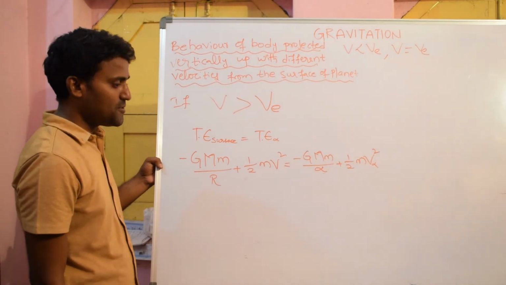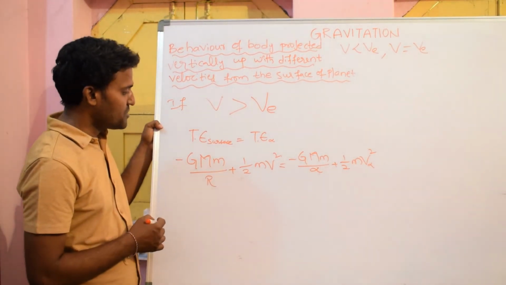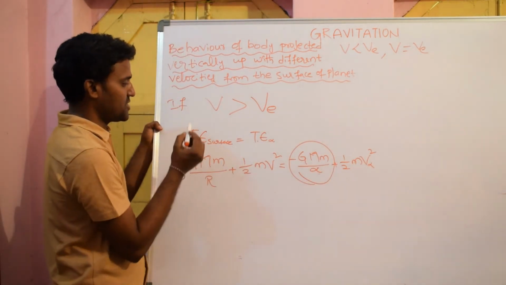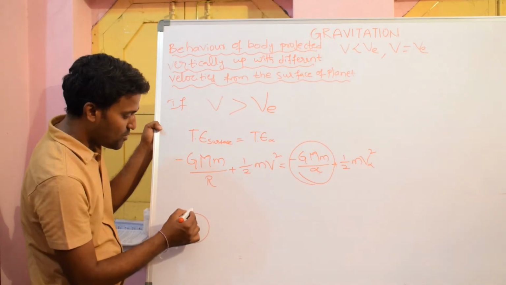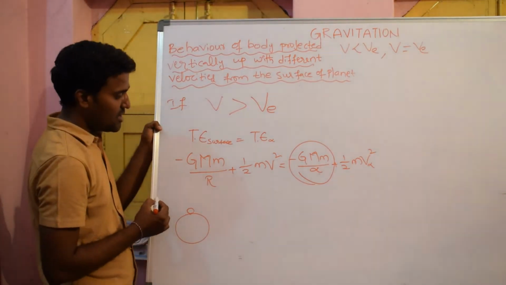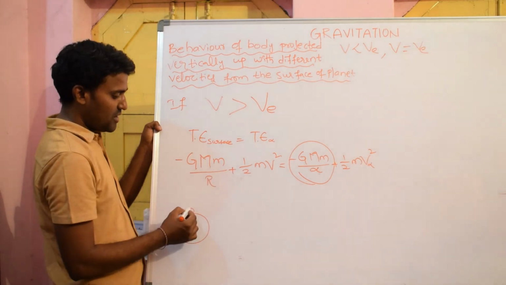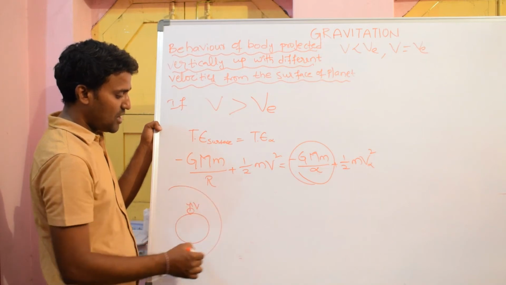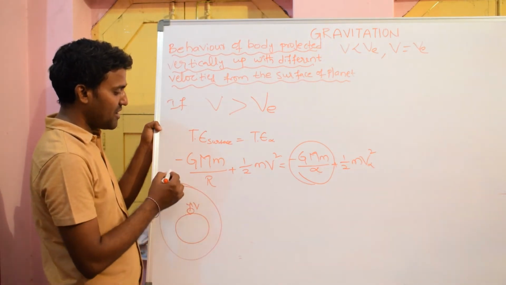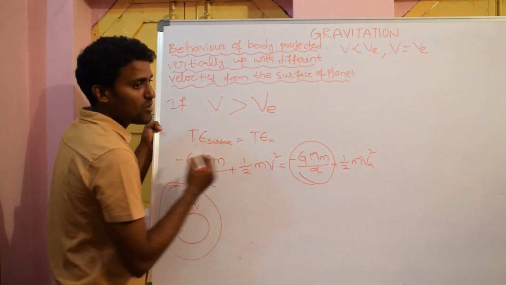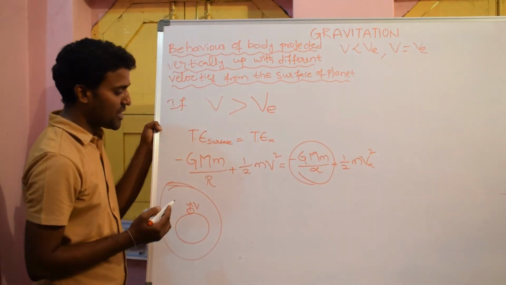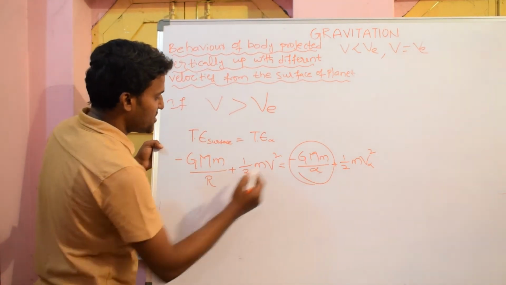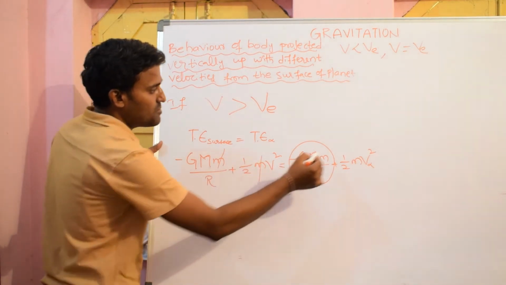Now you have to observe that this part becomes 0. Total energy on the surface means when the object is here, it has this potential energy. It has kinetic energy, velocity is v, so the kinetic energy is this. When it is out of the gravitational field, the distance is infinity, and the velocity at infinity is what we are calculating now. This part is 0, and on both sides small m gets cancelled.